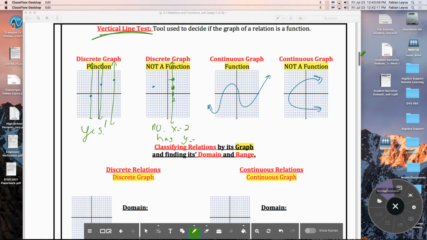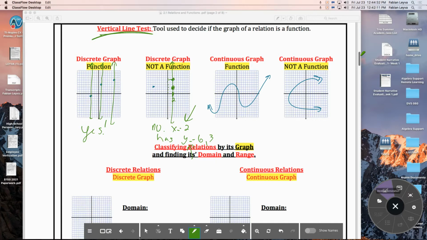If you can visually draw as many vertical lines as you want and see that it only crosses once, it's a function. But if it's not, you need to also be able to read the graph and tell me what that x value is, what that vertical line is really telling you. Because I don't want you to say, is this a function? No, and then I say why, and you say because of the vertical line test. The vertical line test is a tool to help us figure out the definition of a function, which is not having multiple y values for an x.